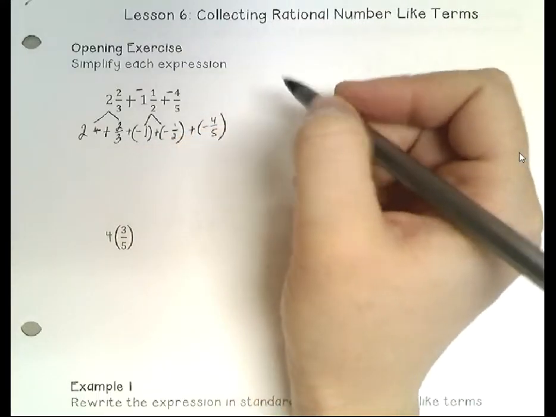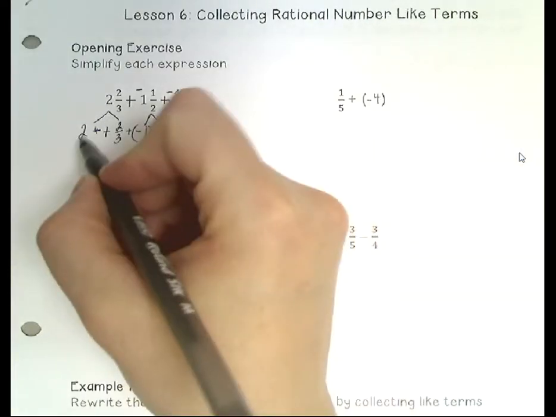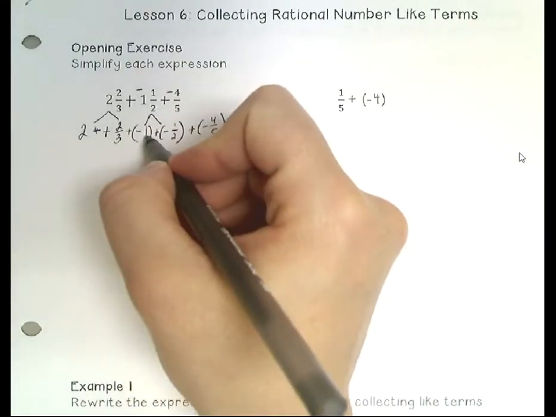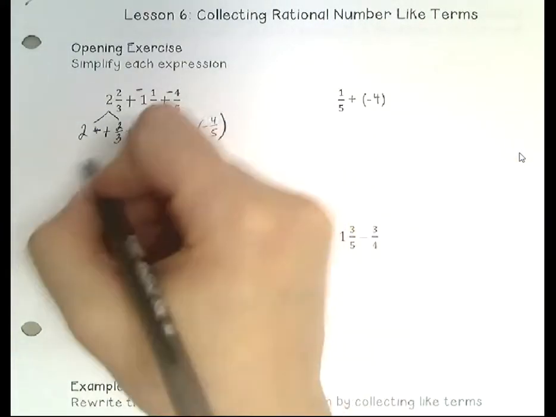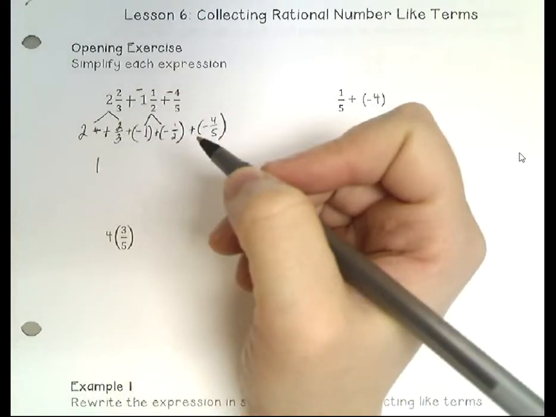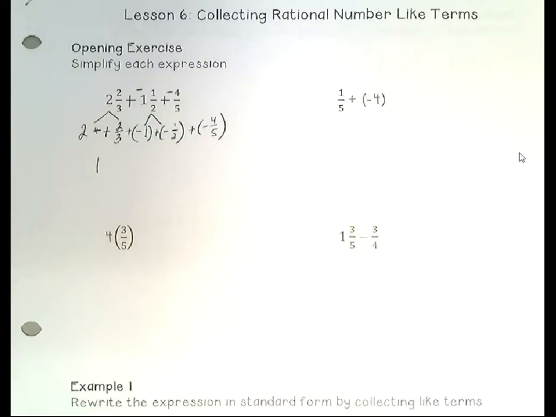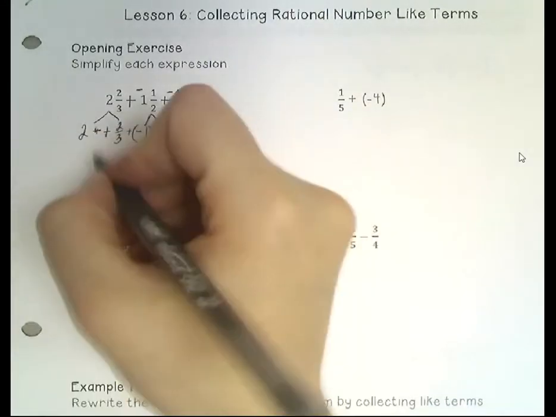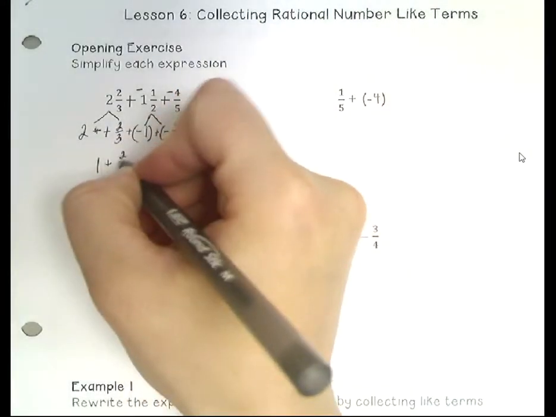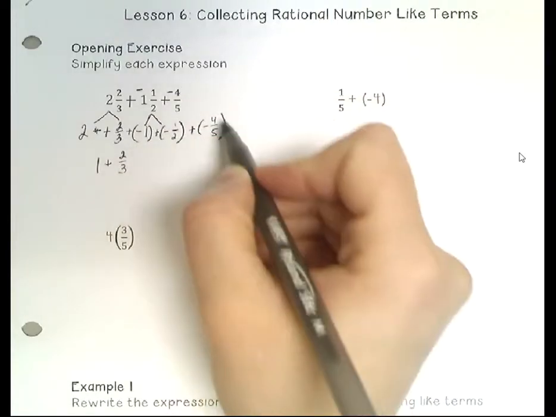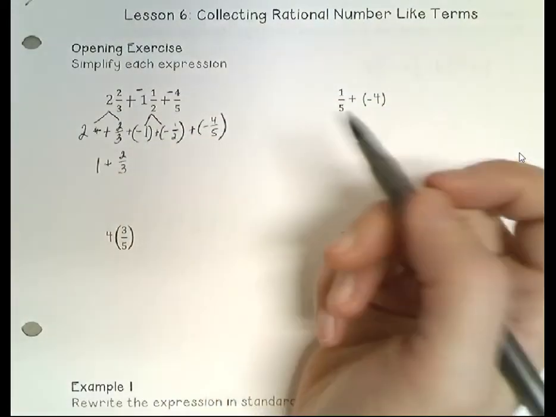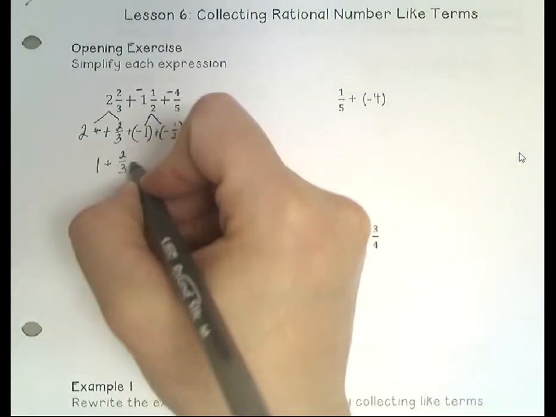All right, so now I have 2 plus negative 1 that I really can combine, resulting in 1. And for 2/3, 1/2, and 4/5, what I can actually do first, I can combine negative 1/2 and negative 4/5 because they're both negative, so I can just add them together, right?